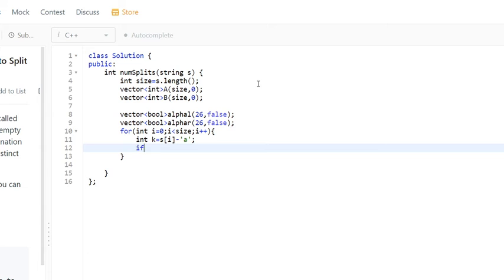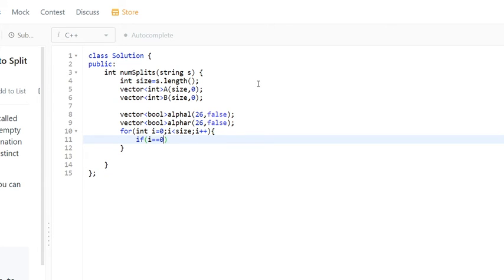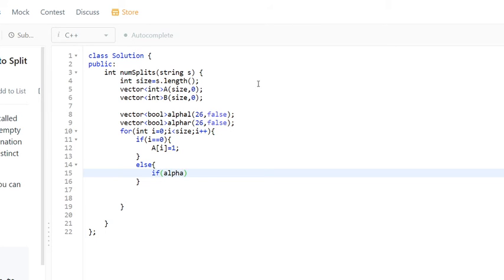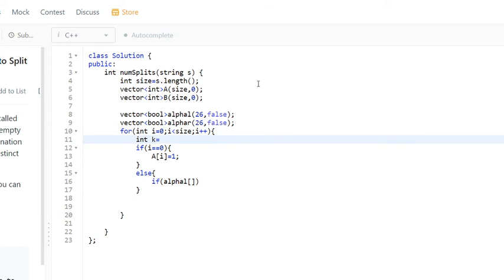If it's already visited, then A[i] is equal to A[i-1], else A[i] is equal to A[i-1] plus 1. Let me find out what character it is and what the index of that character in our alphabet is.